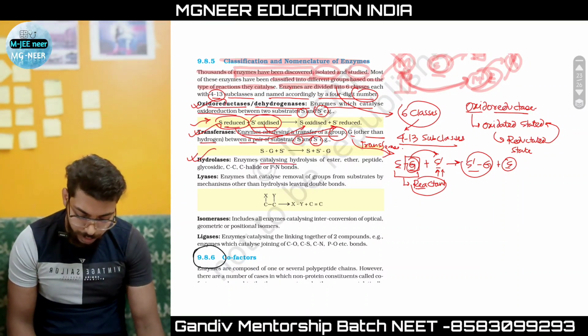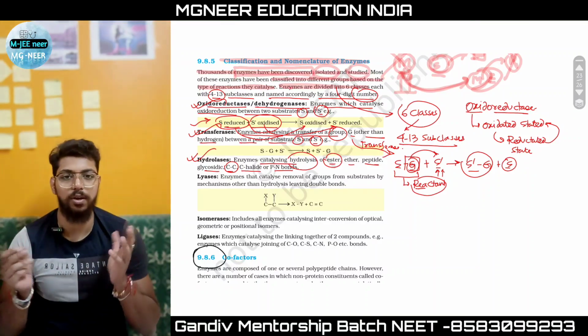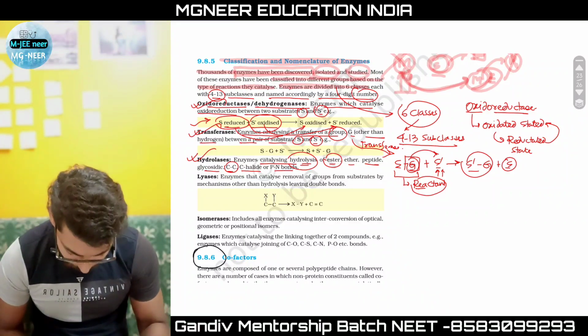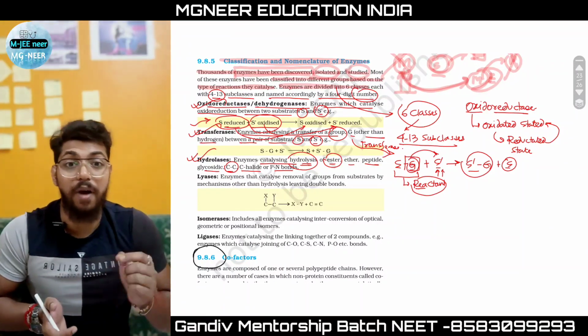Hydrolase: enzymes catalyzing hydrolysis of ester, ether, peptide, glycosidic, C-N, C-C, C-halide and P-N bonds. What is the meaning of it? Hydrolase means it will cause a faster rate of hydrolysis.